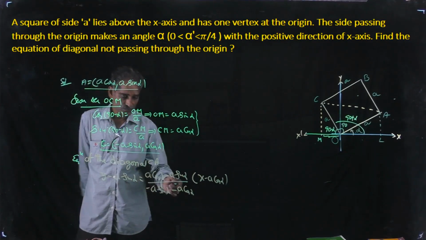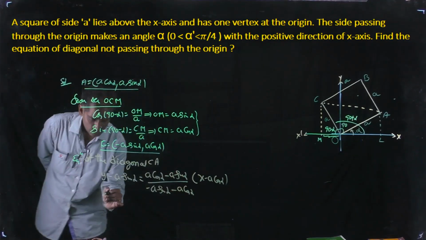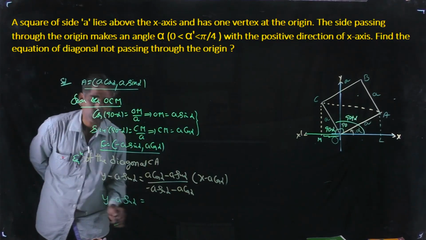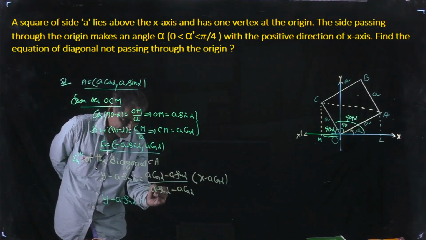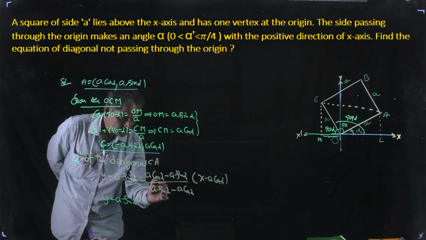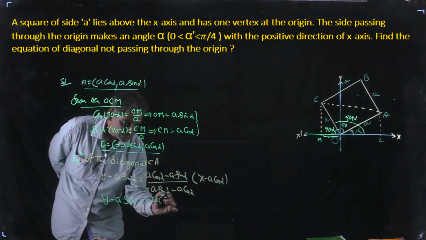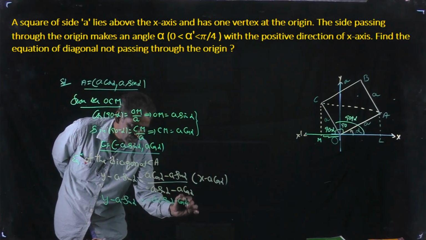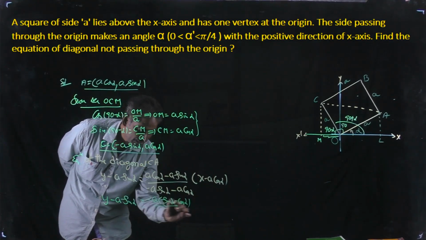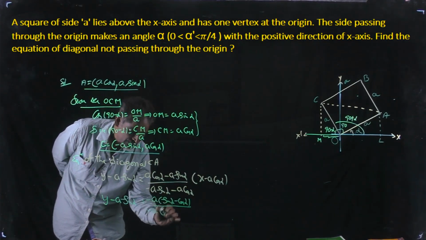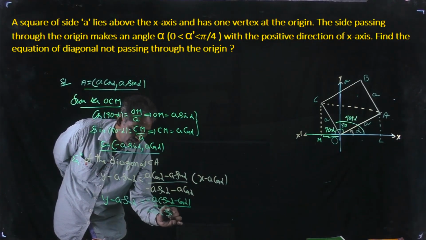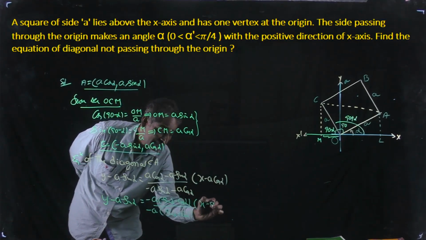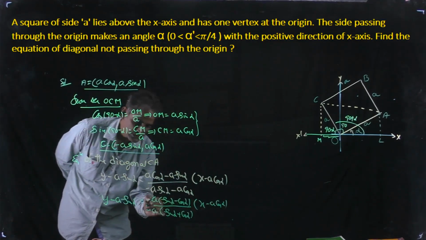Okay, so here you can write y minus A sin alpha is equal to, now take minus A common, then we can write (sin alpha minus cos alpha) by, again taking minus A, (sin alpha plus cos alpha), into (x minus A cos alpha). Here minus A gets cancelled.